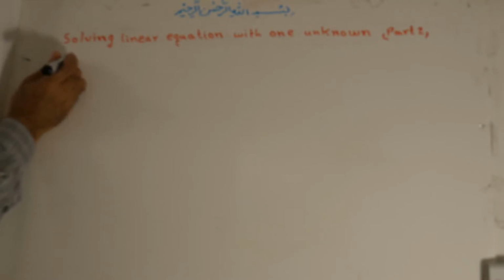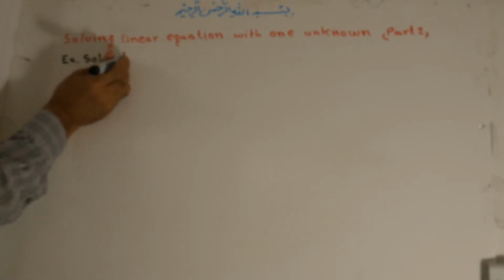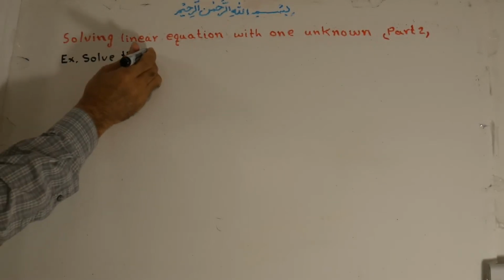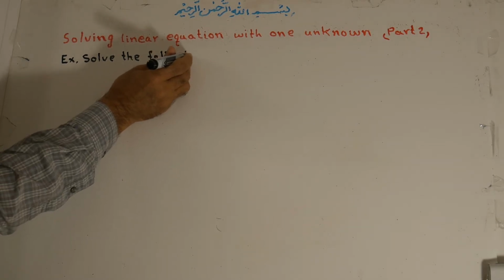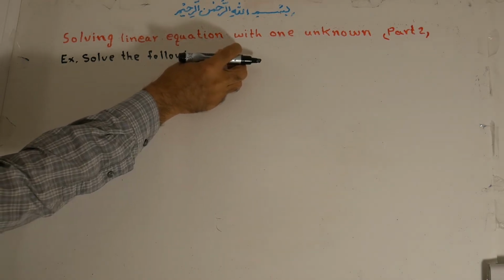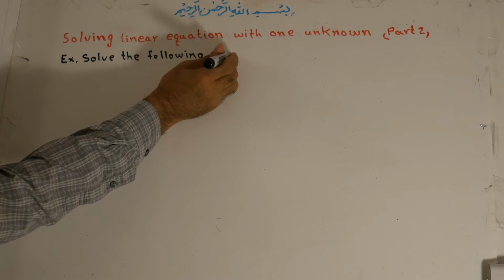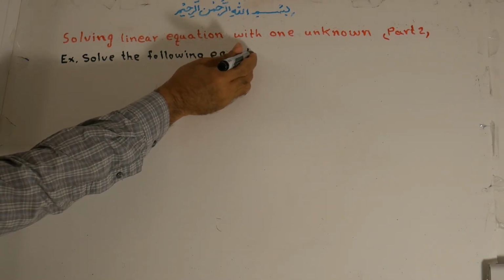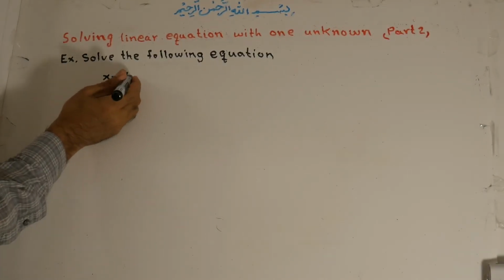Example. Solve the following equation. X minus 7 is equal to 10.